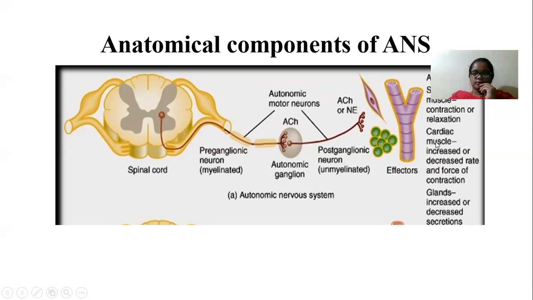The main anatomical components are the preganglionic neurons, whose cell bodies extend from the gray matter of the spinal cord and make a synapse in the autonomic ganglion with the postganglionic neuron, and the postganglionic neurons carry the signals towards the effectors: smooth muscle, cardiac muscles, and glands.